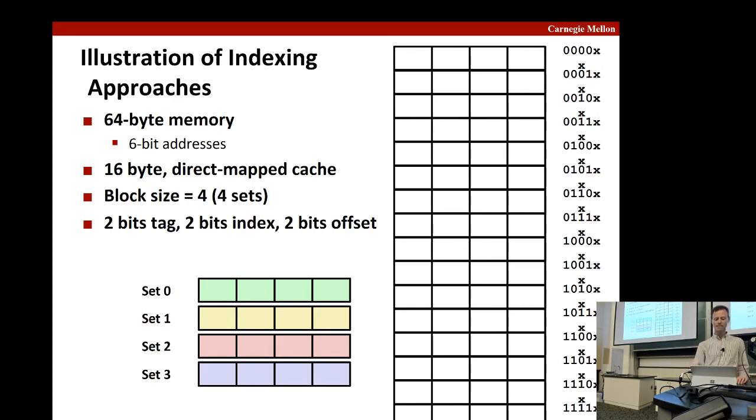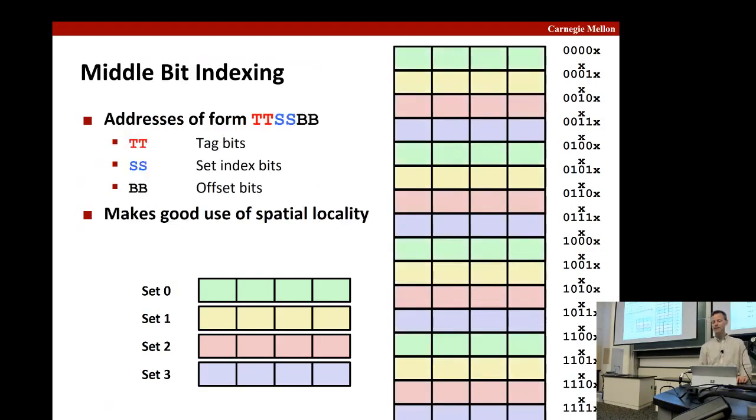So this is memory. We have a direct map cache, keeping it simple. There are 4 sets, and we'll just show color-coded where the sets fall in memory. If we have middle bit indexing, they look like this.